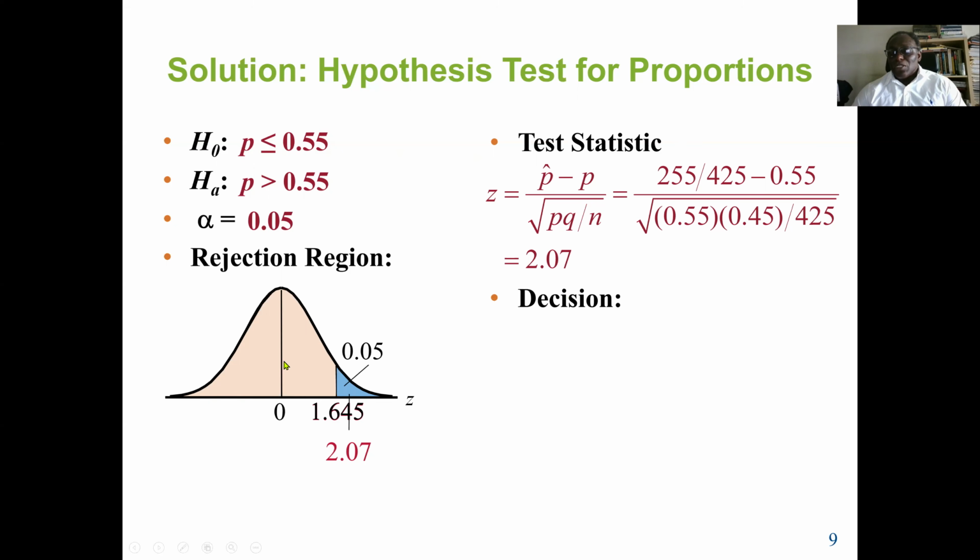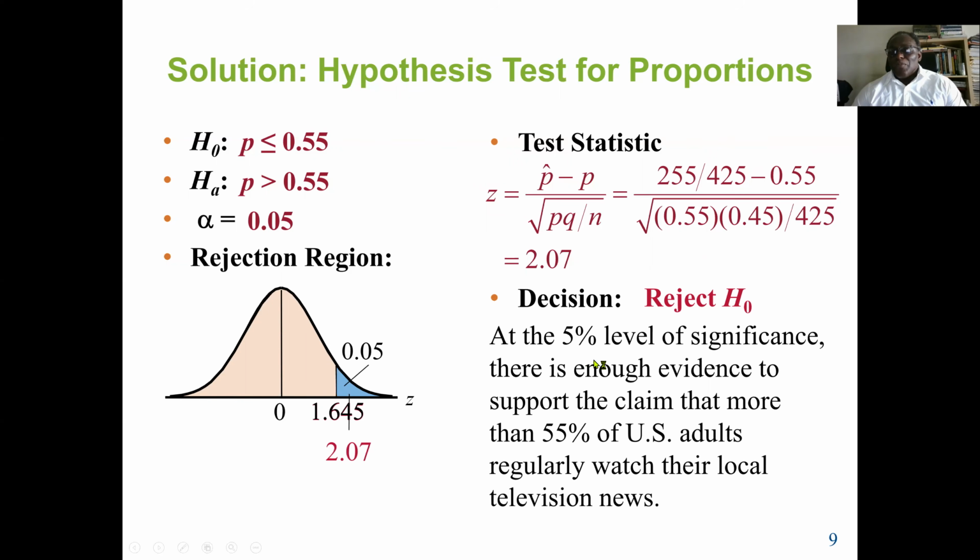In our previous example, the first example, the Z value fell inside the brown area, so we failed to reject. This time it falls in the blue, so we reject H0. So our decision, at the 5% level of significance: there is enough evidence to support the claim that more than 55% of US adults regularly watch their local television news.